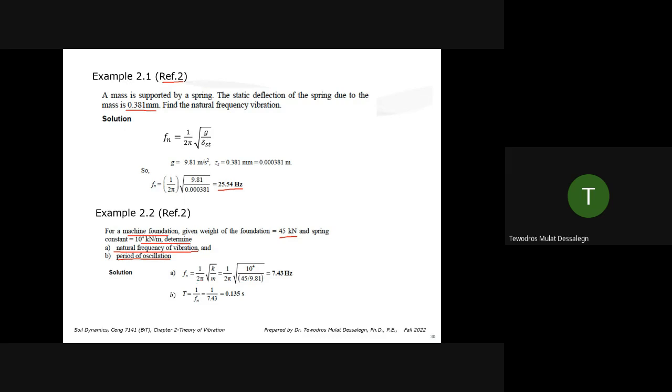So the natural frequency is 1 over 2 pi times the square root of K by M. Put in the input values, you get 7.43 hertz. Period is the inverse of the frequency. You get 0.135 second. They have big applications. These are just a simple way to show you how to calculate them, but we'll see big applications when we go through the chapters.